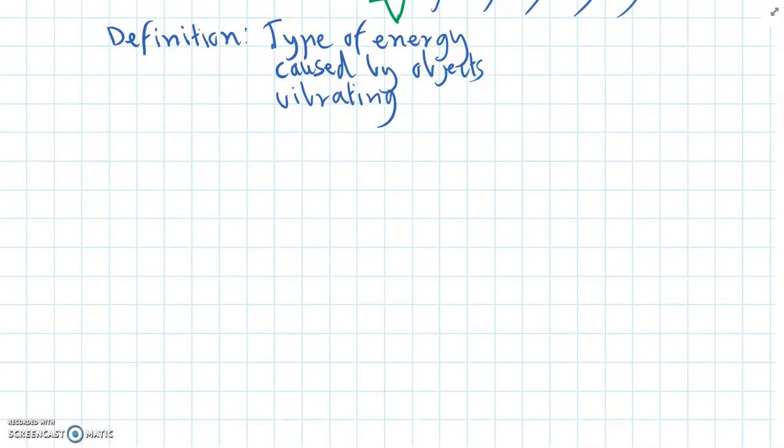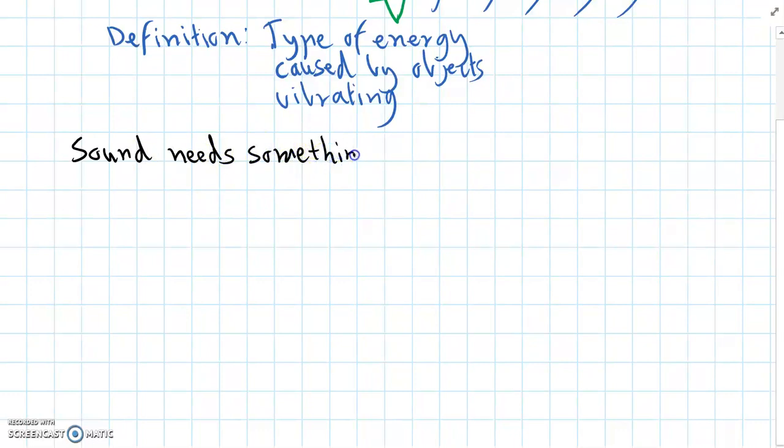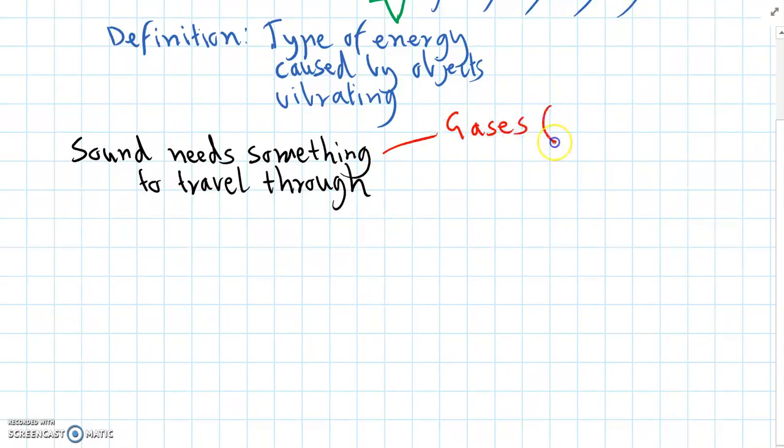And the first thing to consider is that sound needs something to travel through. We all know that sound can travel through air. That's the most common way that we hear sound. So sound can travel through gases, such as air, but it can also travel through liquids and solids as well.